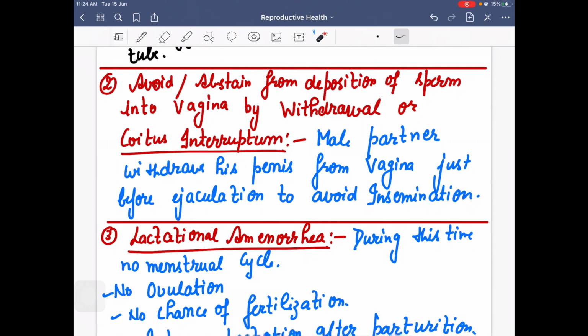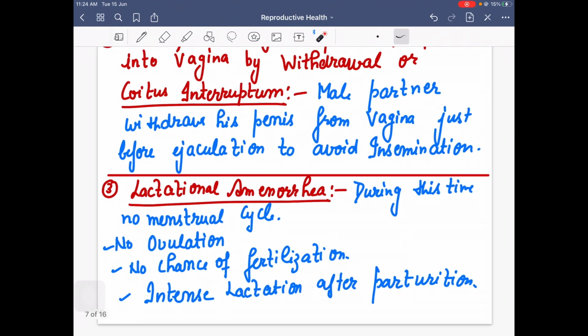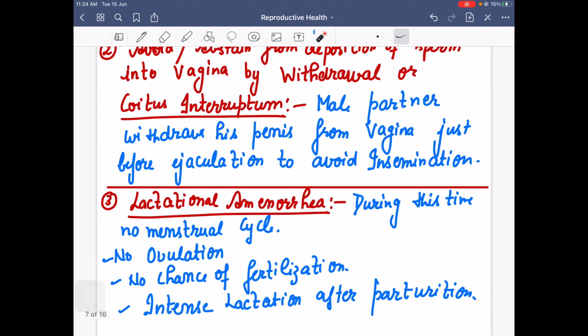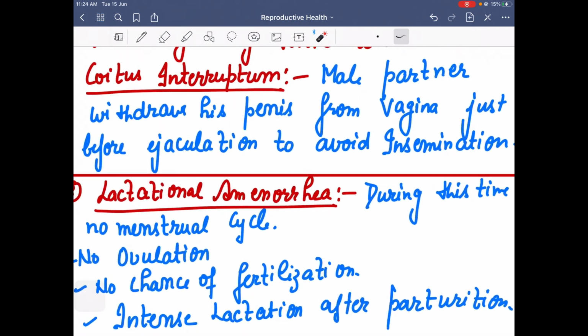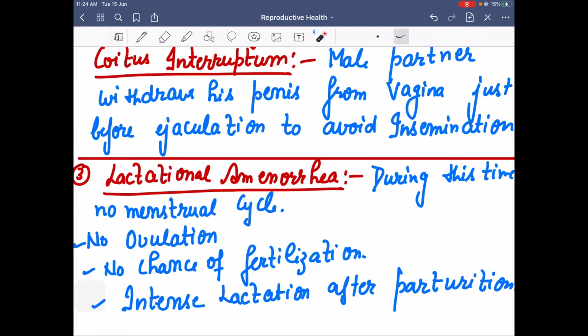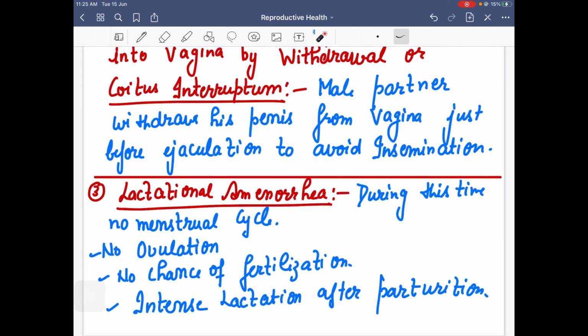The third very natural method is lactational amenorrhea. Lactational amenorrhea, see, actually during this time it is said that there is no menstrual cycle, right? When there is no menstrual cycle, definitely there will be no ovulation, no egg.